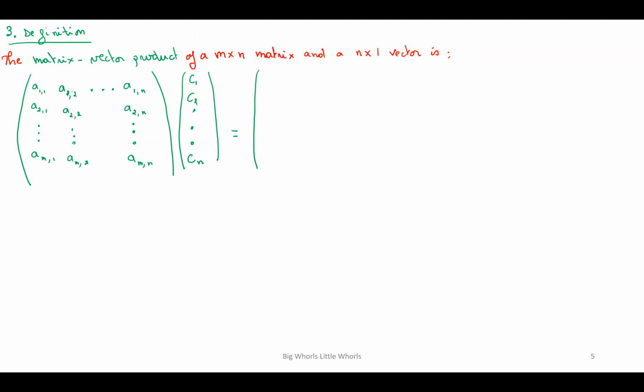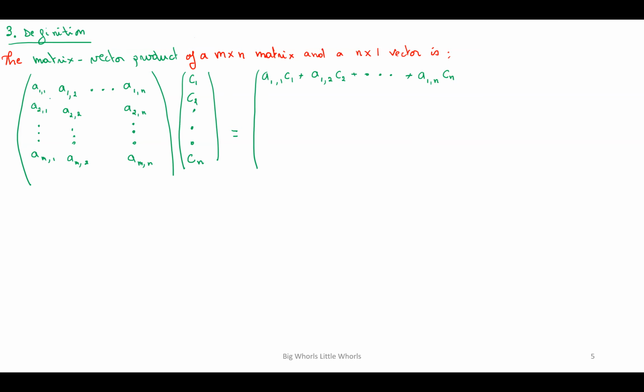Component-wise multiplication. Okay. So this is going to be A1,1 multiplied by C1 plus A1,2 multiplied by C2 plus A1n multiplied by Cn.